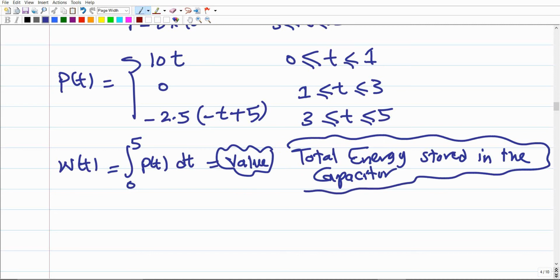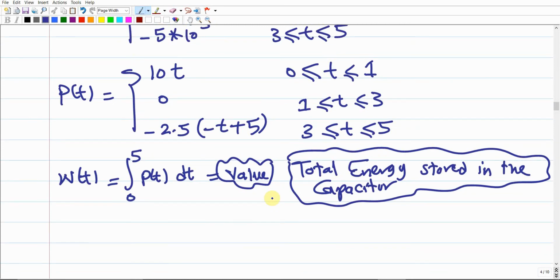If we did so and we consider the limits, we're going to end up with the energy as a value. And the value will be represented in the plot or the figure as a point.